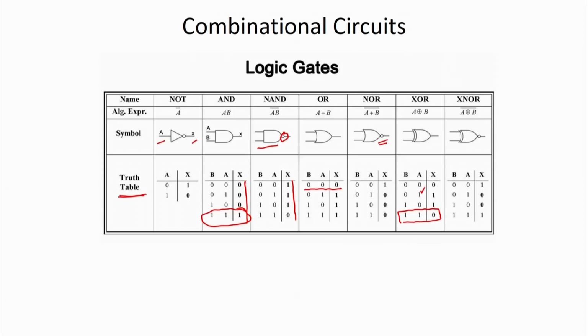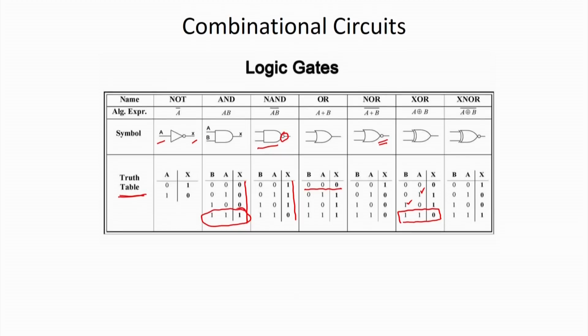If either of A and B is high, then output is high. Similarly, XNOR is nothing but the invert of XOR. So, exclusive OR and exclusive NOR. You just see that the functional value is just the invert of this particular XOR gate. Now, I am just mentioning some of the gates here; like that, we have other gates also.